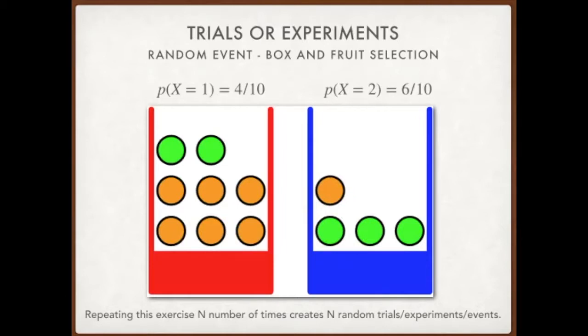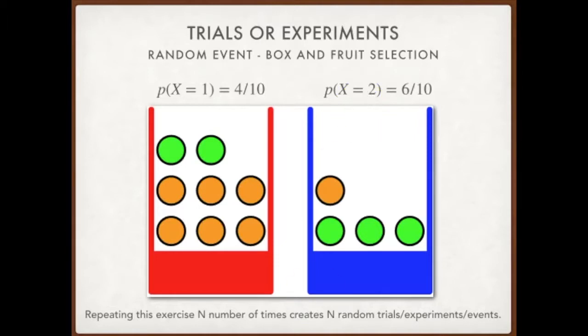This means that if you repeat the experiment of fruit selection 100 times, that is, you have 100 random trials, then out of those 100 trials, 40 times you will pick a fruit from the red box and 60 times from the blue box. This information is given to you and you convert this into probabilistic form by using a random variable x to assign 1 and 2 to the selection of the red and blue box respectively.